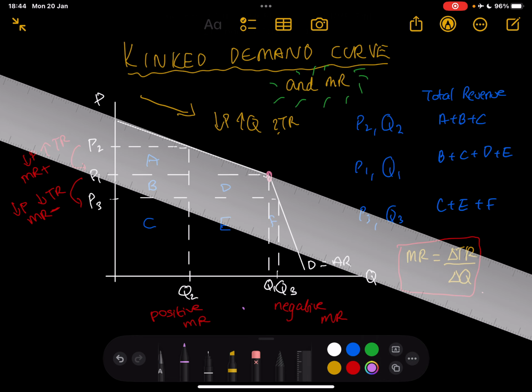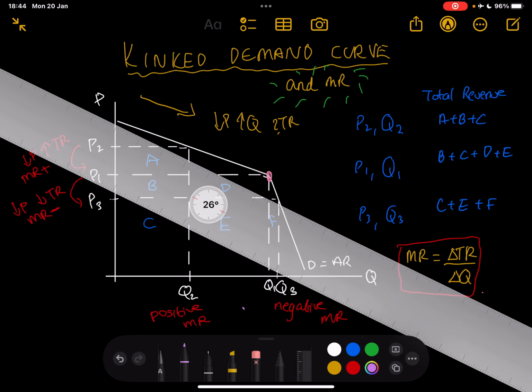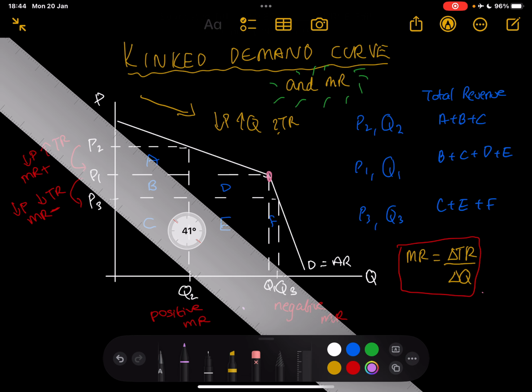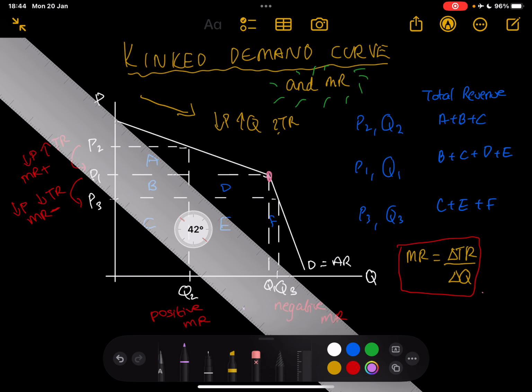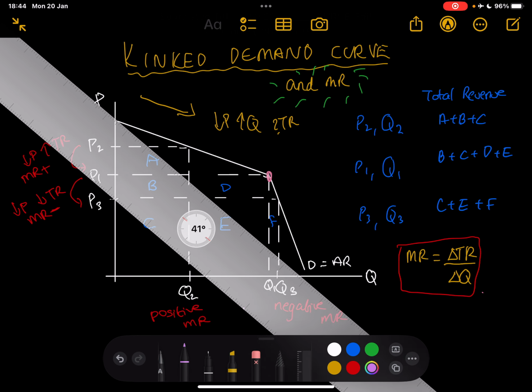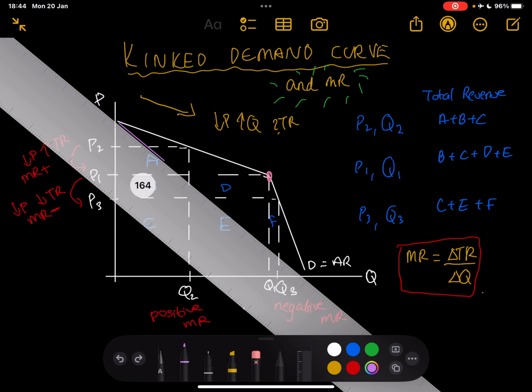So if this is my demand curve at this angle of 20, then my MR curve should be roughly twice that here, and it's positive. Whoops, they shouldn't actually touch at the beginning. That's my MR, and it's going to keep having this twice as steep gradient until I reach Q1.